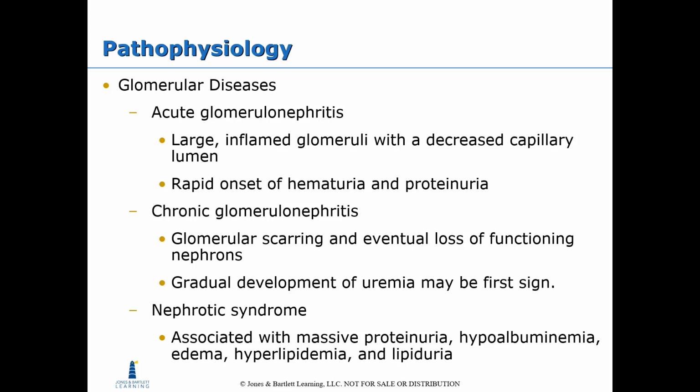Nephrotic syndrome is associated with massive proteinuria, so protein in the urine, hypoalbuminemia, which means not enough albumin, edema, which is swelling, hyperlipidemia, which is too much fat in the serum, and lipiduria, fats in the urine.